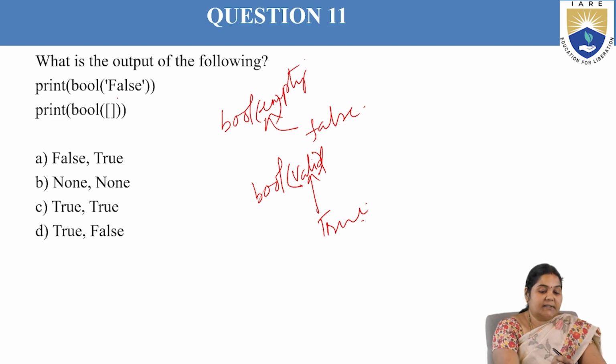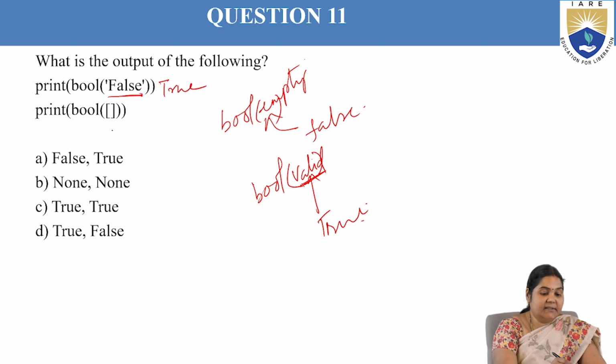Now, let us understand. To the Boolean function, what have you passed? You have passed false. False means 0. 0 is some valid value. False is a Boolean value which is valid. Now, in this case, what will be printed? Boolean is having some valid value. So, it is going to print true.